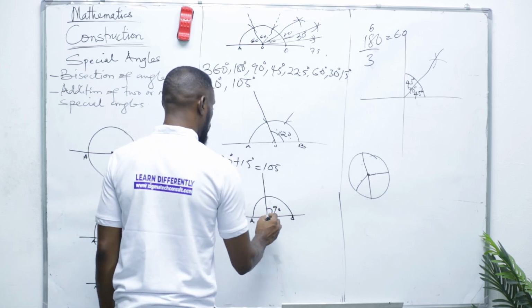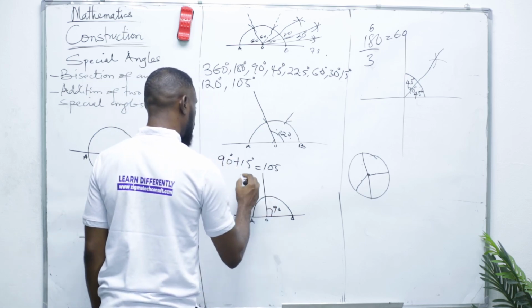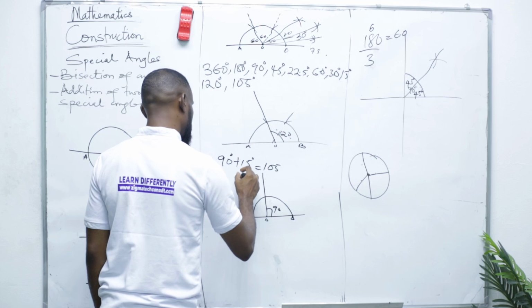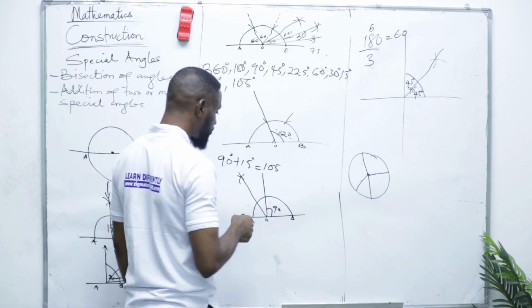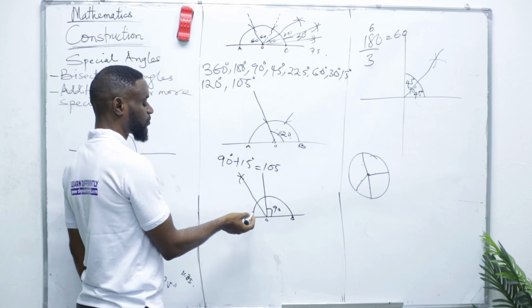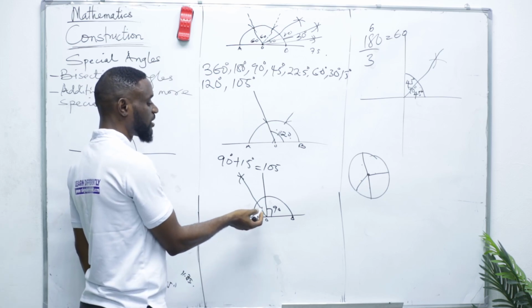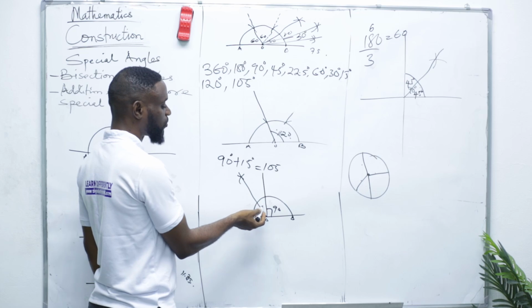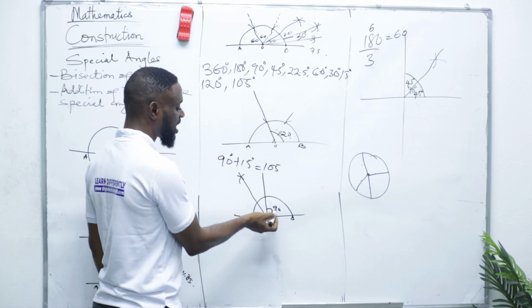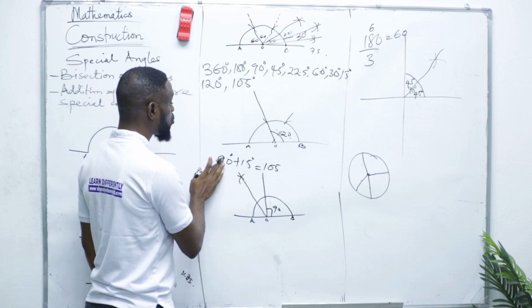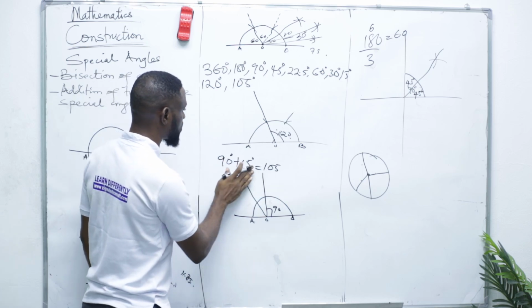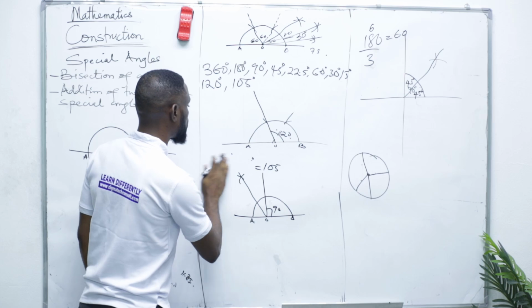So here, from here, let's do 45. If this is 45, it means that this is 45 now. This is 90, 135 degrees. What I meant was 135 degrees. I'm coming to that 120.